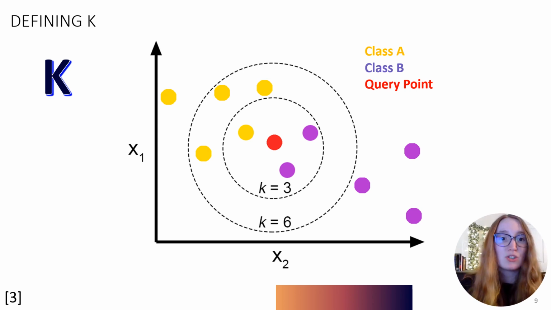However, if K is too small, you run the issue of underfitting the data. This has the opposite effect, leading to low bias but high variance. Ultimately, like the method of calculating distance that should be used, the value of K that should be used is completely dependent on the type and quantity of data being classified.